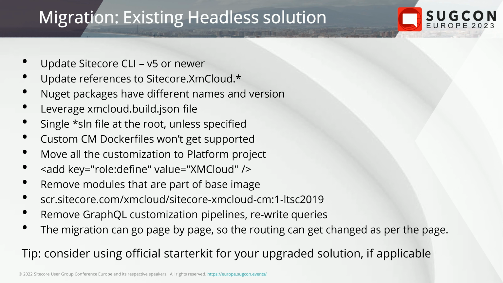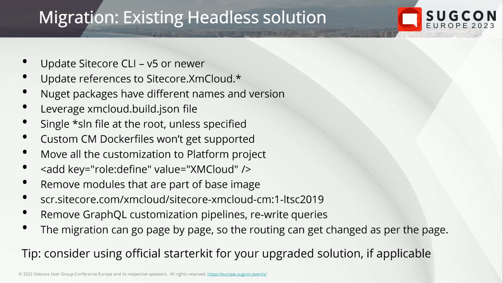Previously, we had old good role-based configuration with different roles like standalone, content management, content delivery, indexing. So now we have only one role, which is XM Cloud. So you need to consider this setting as well. You need to remove modules that are now part of base image, namely Sitecore PowerShell extension and SXA. The image naming is also different now, so it's sitecore-xmcloud-cm with appropriate tag.